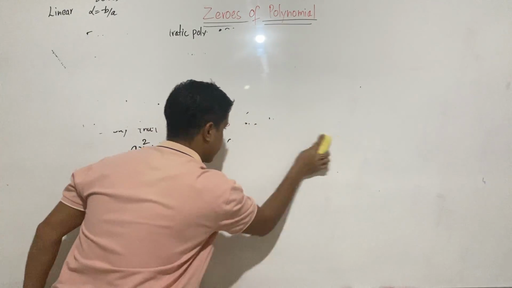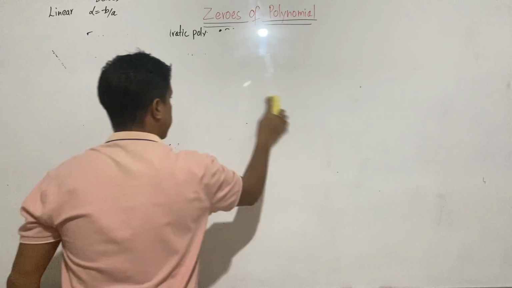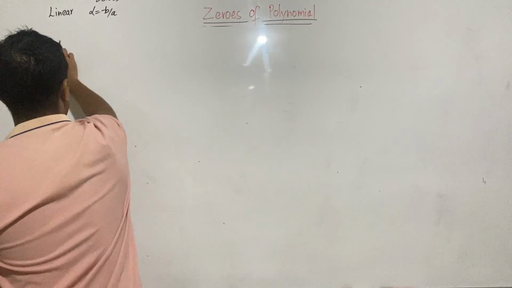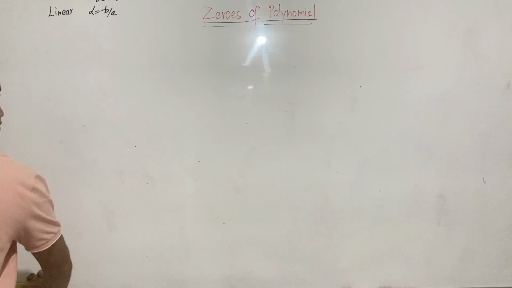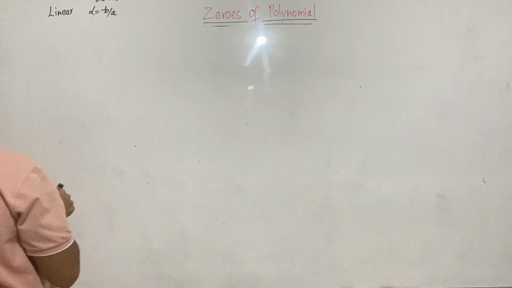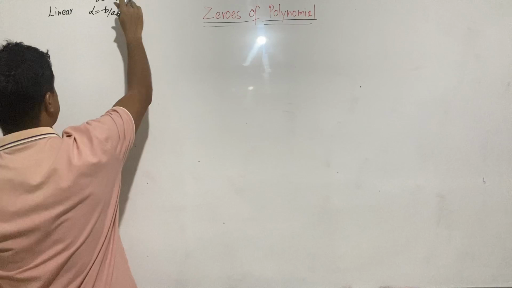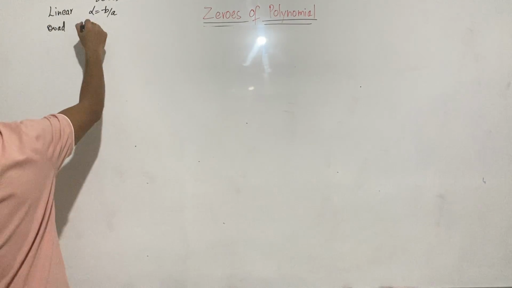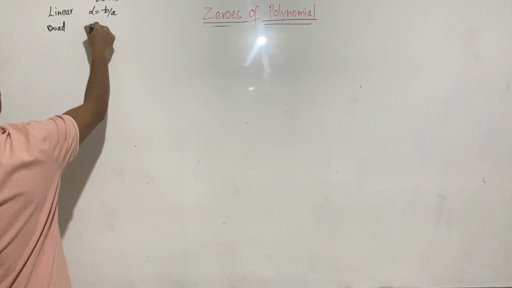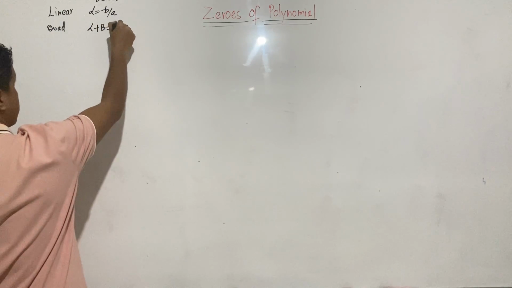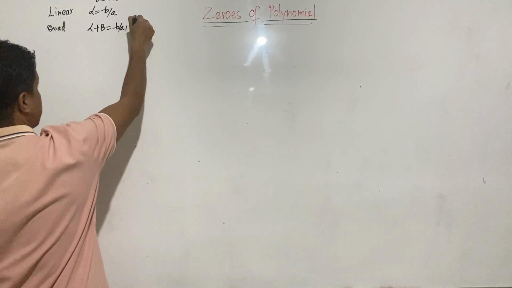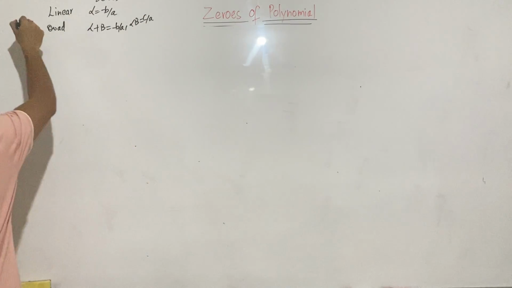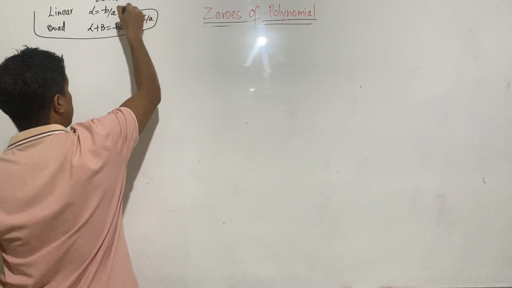Okay, so the next is our degree 3. For quadratic, what did we learn? Alpha plus beta is minus b by a and alpha beta is c by a, right? Now next, this is separate.